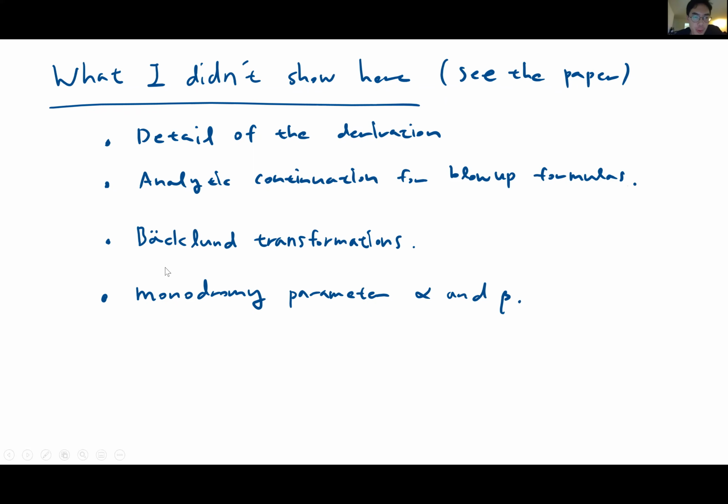And how the Bäcklund transformations from the Painlevé VI act. That's also an interesting part, and I didn't say about this. And also determining the alpha and beta parameters. Exactly, that's done in the paper.